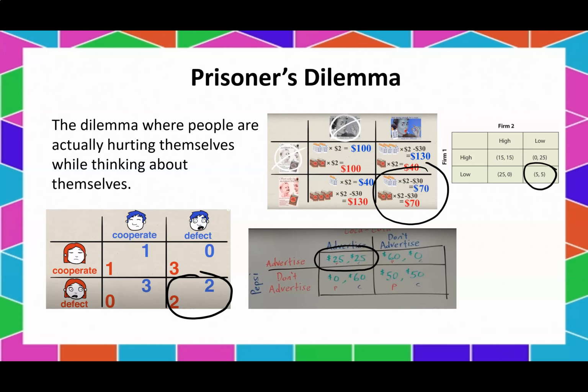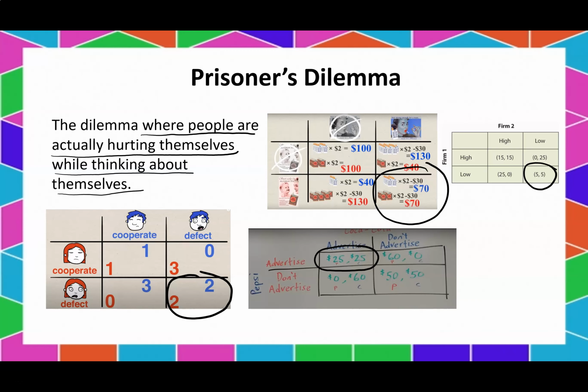Now, the prisoner's dilemma is the dilemma where people are actually hurting themselves while thinking about themselves. So remember, by red acting in their best interest, no matter what case blue did, it was better for red to defect or tattletale.